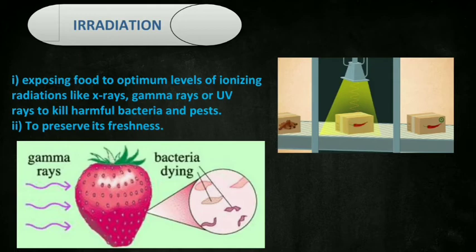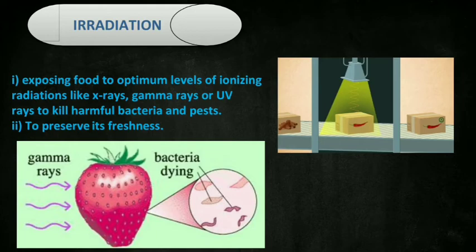The radiation dose applied to a food product is measured in terms of kilogray, that is kGy. The dose applied to the food depends on the composition of the food, the degree of perishability, and the potential of the food to support harmful microorganisms.